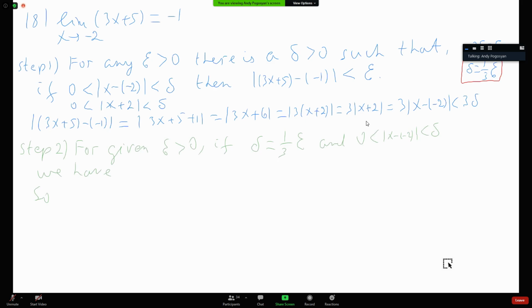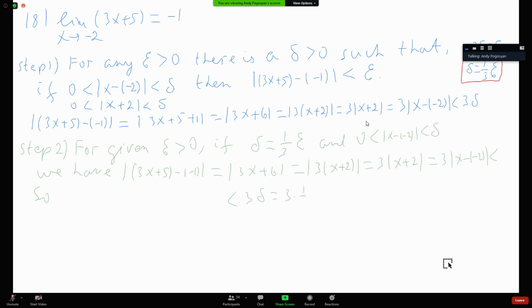We have absolute value 3x plus 5 minus negative 1 equals. Now we want to show that this one is less than epsilon for those choices. So you get 3x plus 6, 3 times x plus 2, this is less than 3 delta.